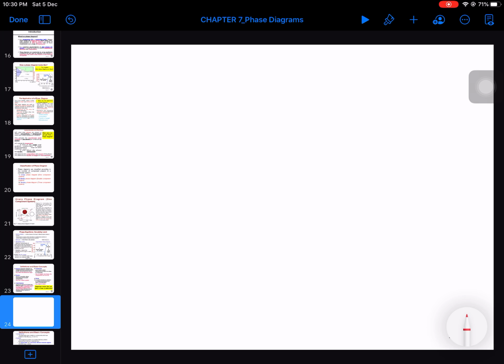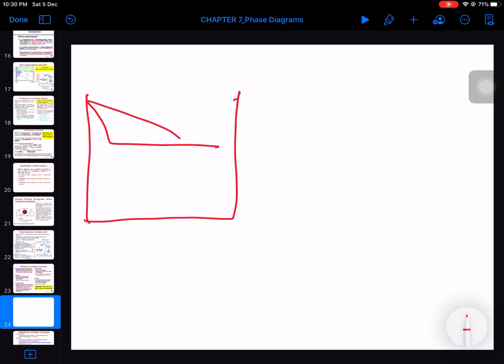Alright, so before we move on, let's have a look at some of the definitions and basic concepts regarding phase diagram. In order to look at these basic concepts, let me just draw for you roughly one type of binary phase diagram here.